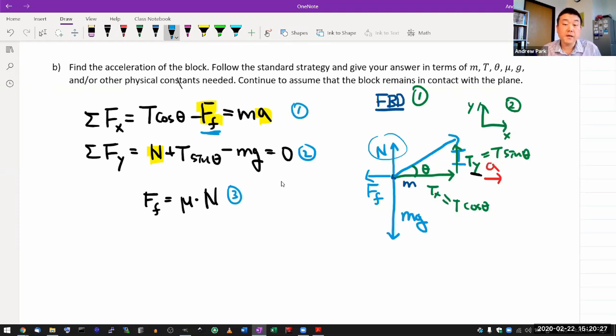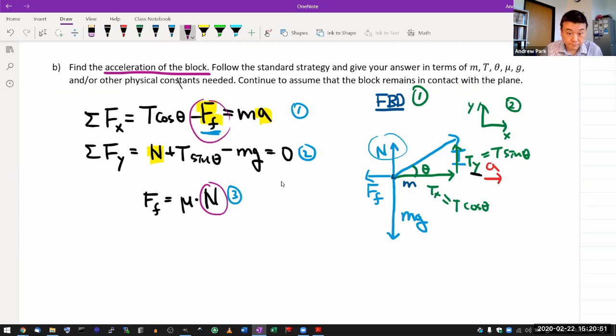Let me solve that. One thing I do know is that I want to get the acceleration of the block at the end, which means I make sure not to solve for acceleration right now. Instead, what I need to be doing is solving for normal force and frictional force.